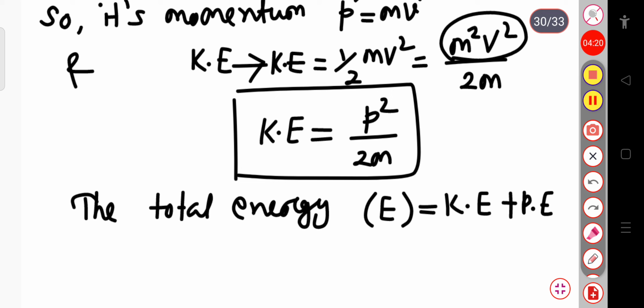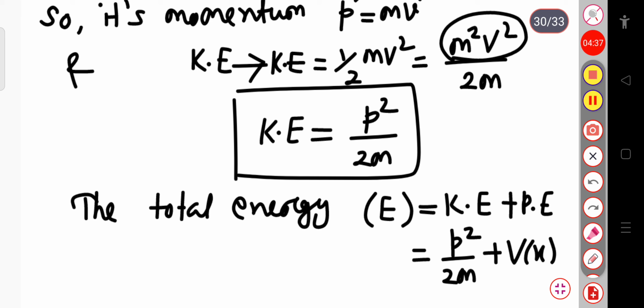The kinetic energy is p square by 2m, so in place of kinetic energy I can write p square by 2m, and the potential energy we will consider as some V of x. V is a function of x.